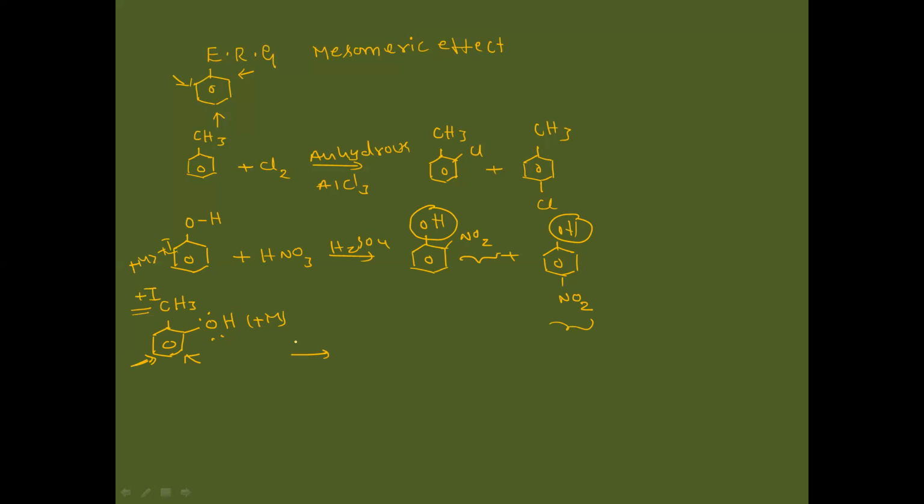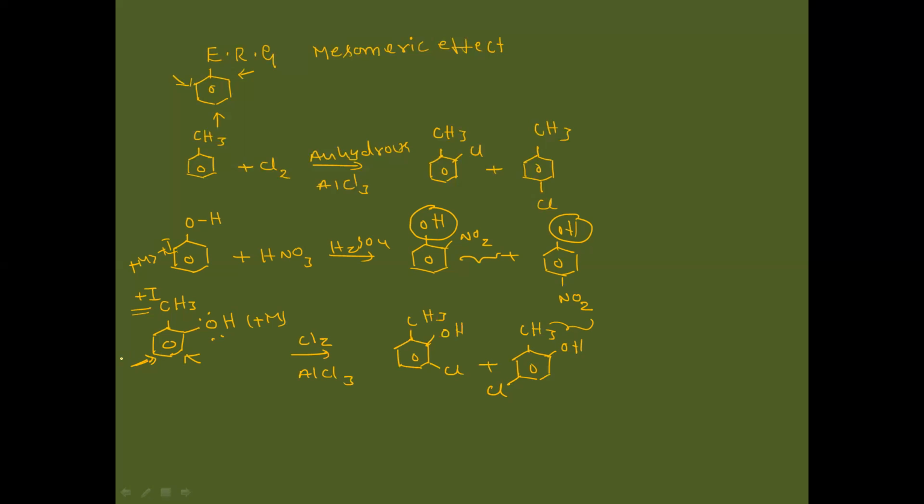For example, if the same compound undergoes chlorination in presence of AlCl3, the product will be, with respect to OH, at ortho and para positions. Understood?